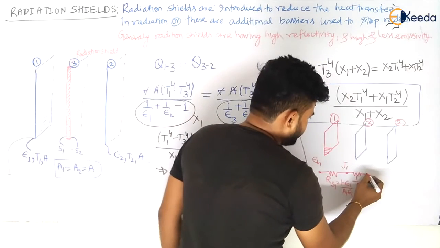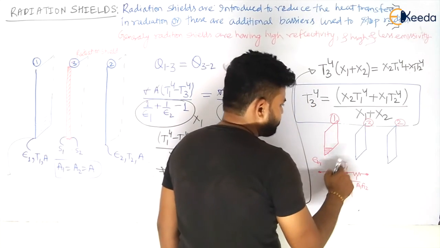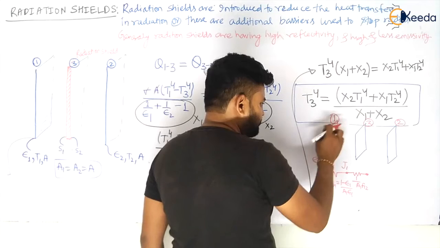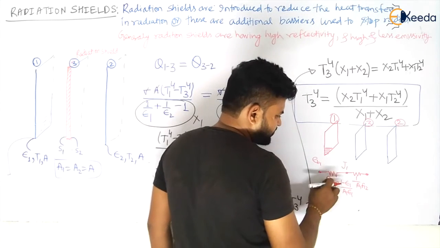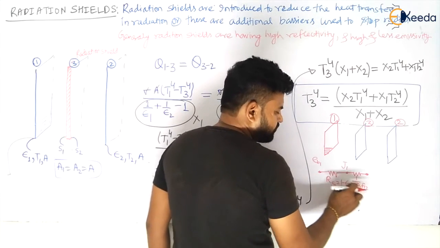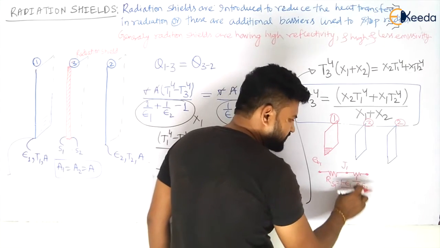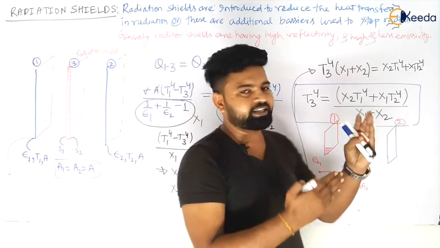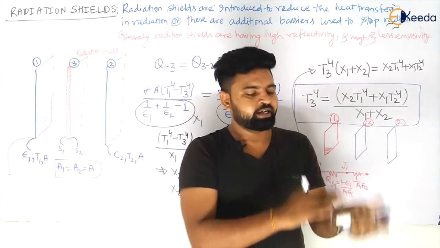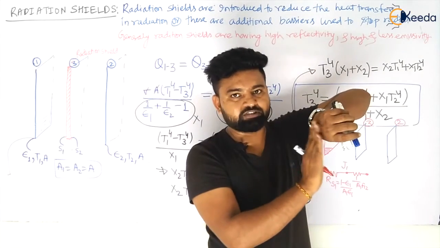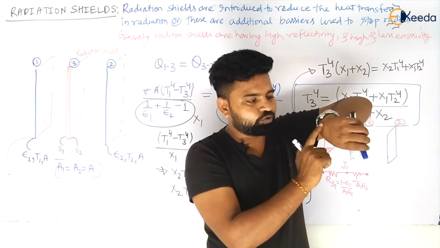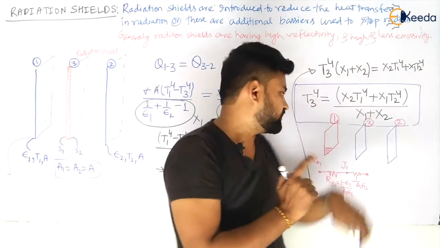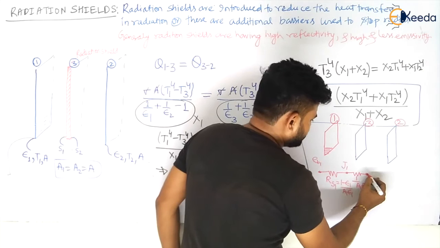Now due to this plate, there will be one space resistance and one surface resistance, and due to the surface of this plate there will again be some surface resistance.